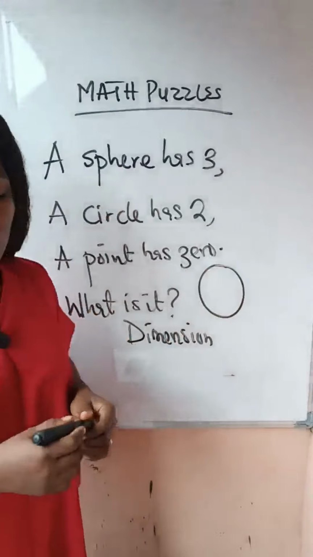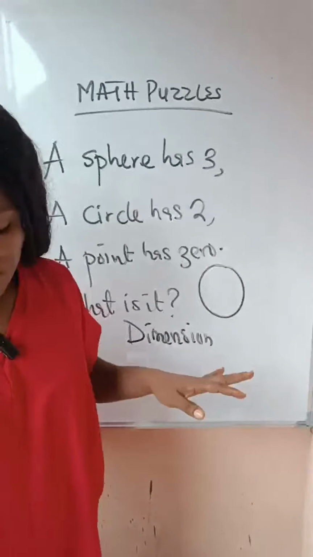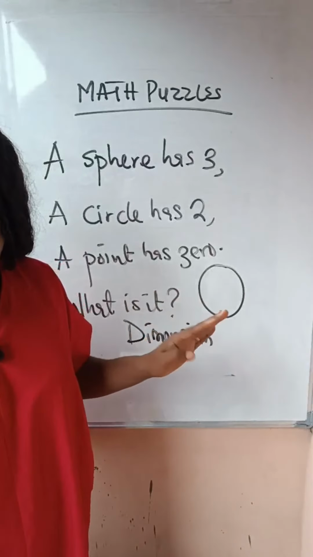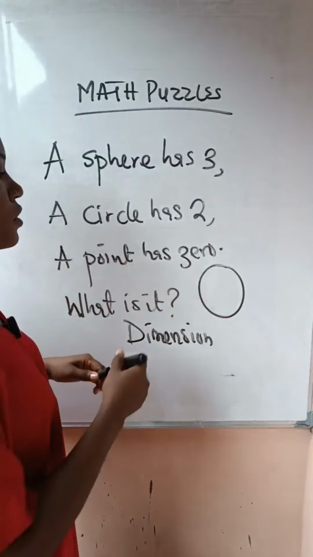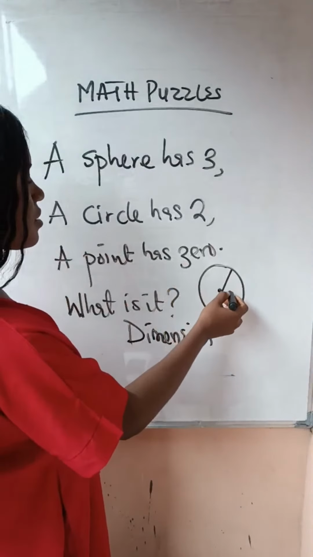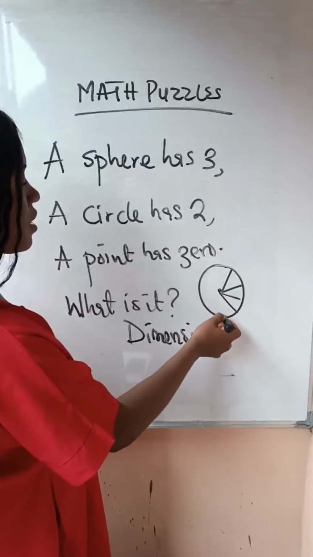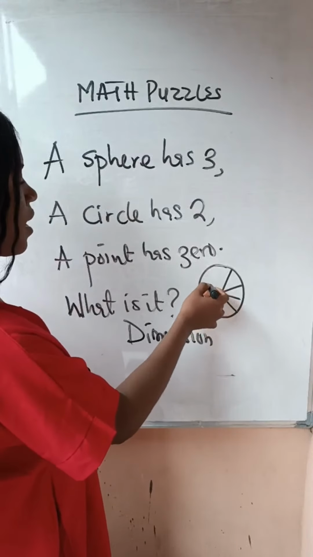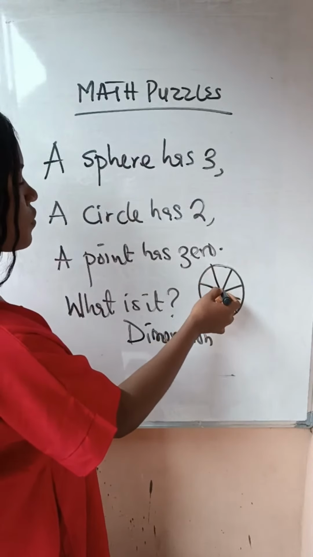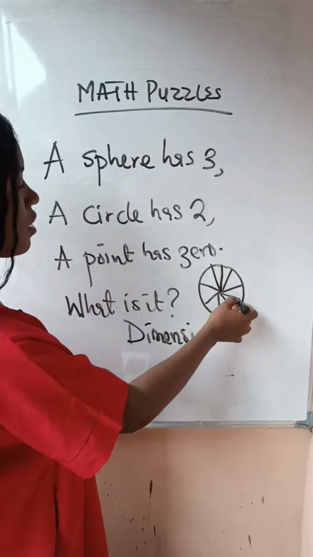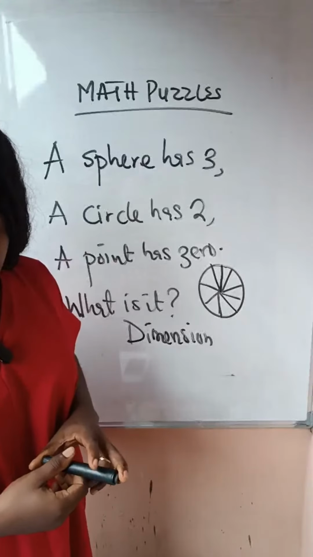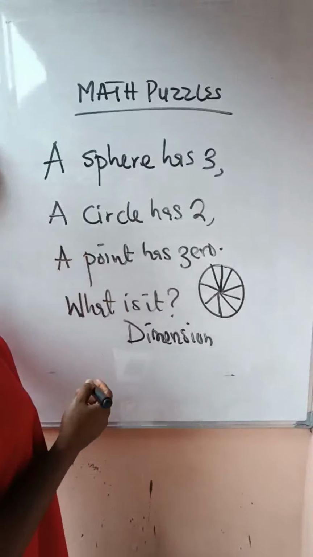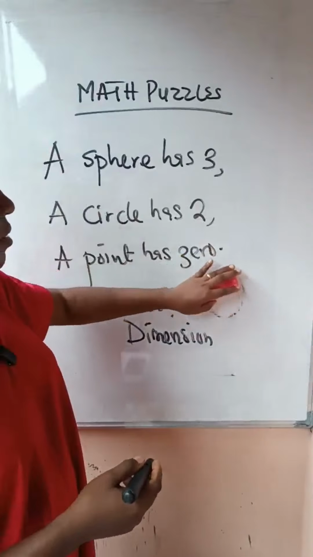You can draw it on a flat surface. And someone said a circle has 2 radius. Not so. A circle has an infinite number of radii, depending on the size of the circle. As long as the line comes from the center to the circumference, that is a radius. Now, a point has 0 dimension.